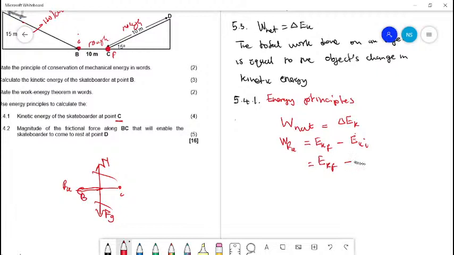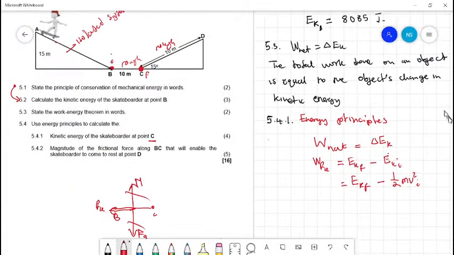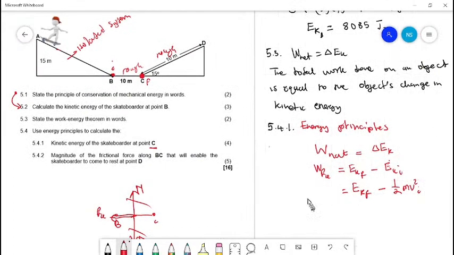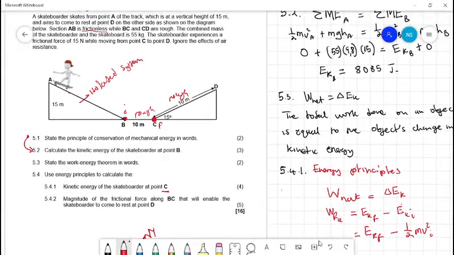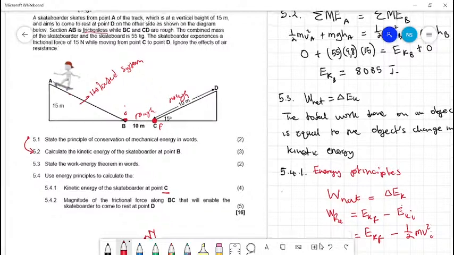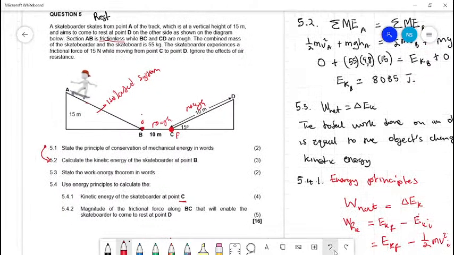And then Ek initial is half mv squared initial. And then now we have our Wfk, right? So we need to know the magnitude of the frictional forces acting at this point.